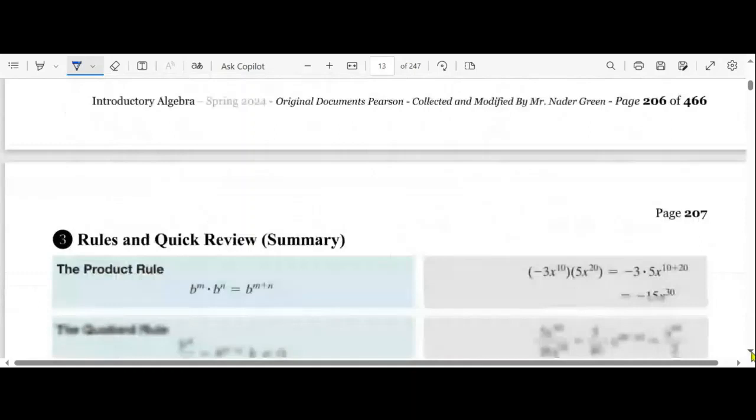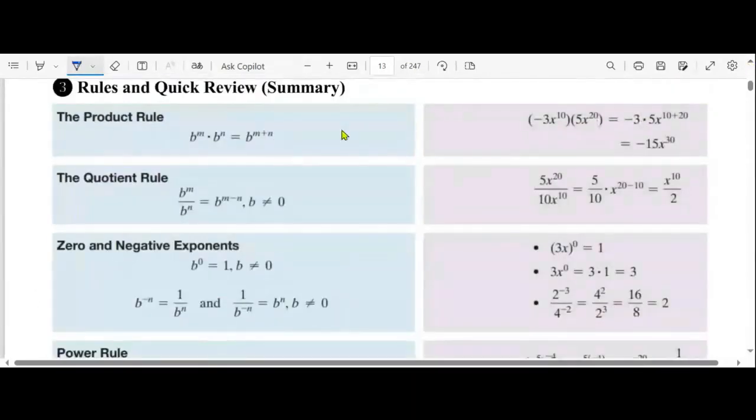Let's take a look at the summary of the rules. The product rule. It says b to the power of m times b to the power of n. Same base or not same base? This is base and this is base, right? Same base. Multiplication, right?